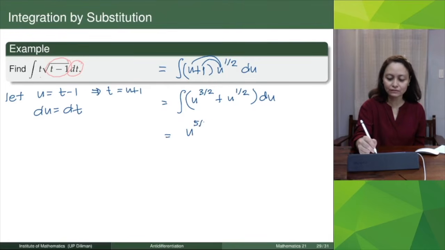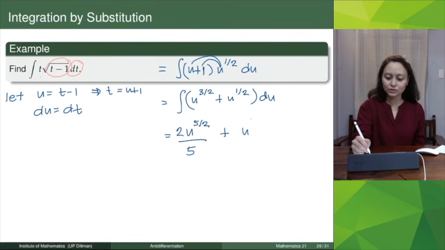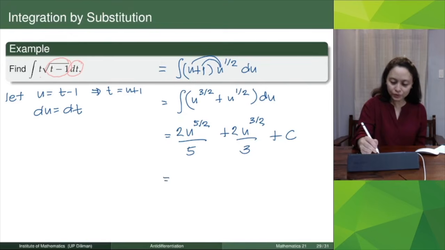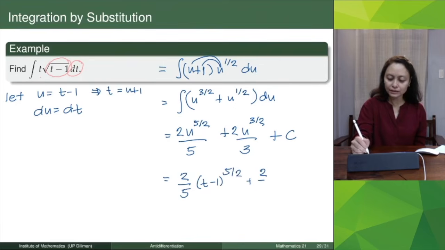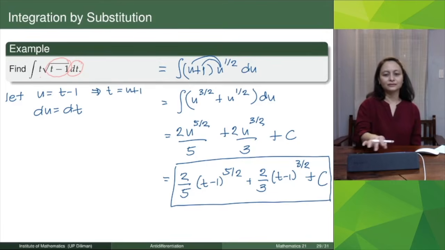So, u raised to 5/2 over 5/2 plus 1/2 plus 1 is 3/2. So, u raised to 3/2 over 3/2 plus c. Okay, then substitute back. Ano yung u? So, you have 2 over 5 times t minus 1 raised to 5/2 plus 2 over 3 times t minus 1 raised to 3/2 plus c. Okay?